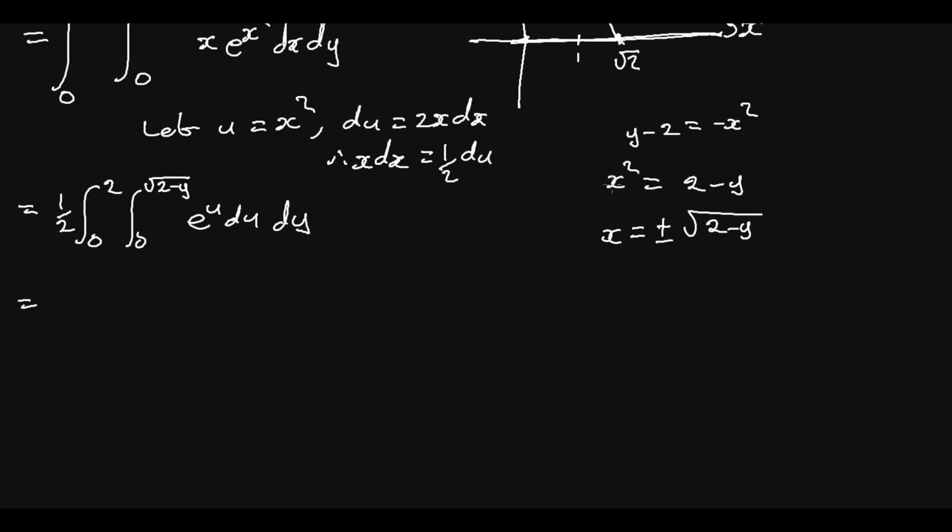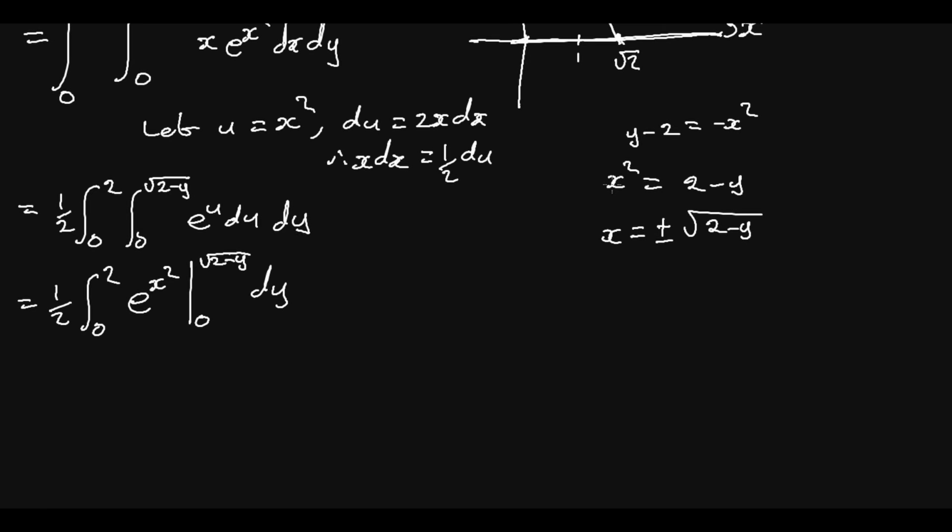So this is equal to 1 over 2, 0 to 2. Then the integral here is e raised to u, but remember u is x squared. So we just bring it back, then we apply our limits up to square root of 2 minus y, then a dy.